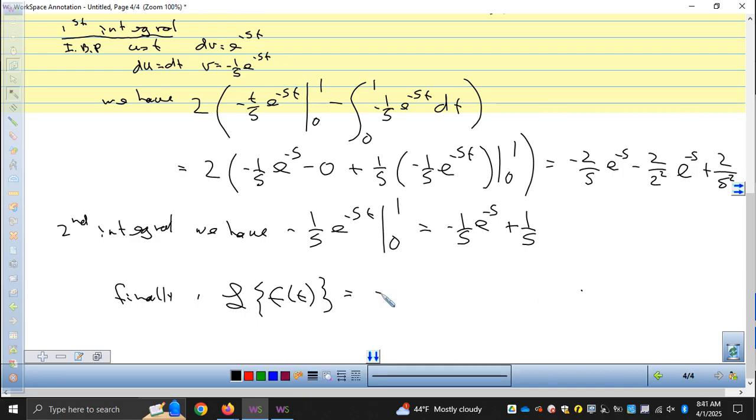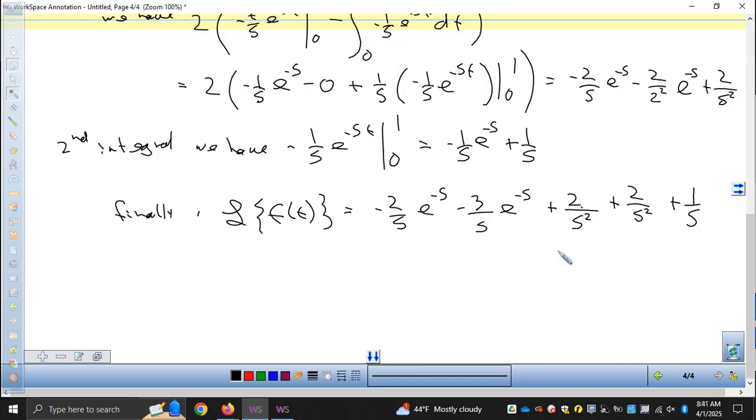We get minus 2 over s e to the minus s, minus 3 over s e to the minus s, plus 2 over s squared, plus 2 over s squared, plus 1 over s, all together. I didn't add these things, whatever, then what do we get? Minus 3 over s, or sorry, minus 5 over s, 4 over s squared. And this is for s greater than 0.